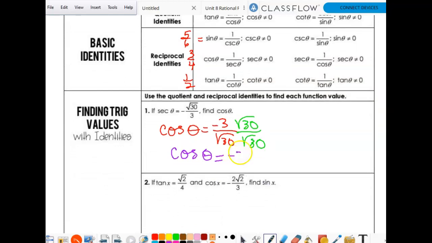So I'm going to get -3 square roots of 30 over, now what is the square root of 30 times the square root of 30? 30. And then we can reduce. So I'm going to get negative square root of 30 over 10.